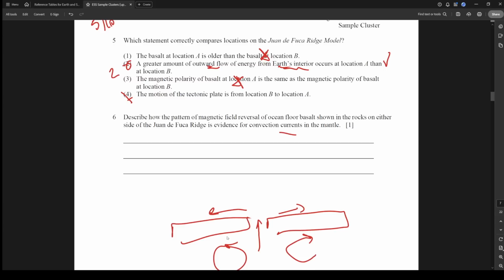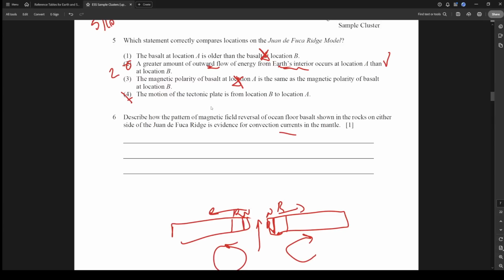So if the convection loop's going to the left on the left plate and the right on the right plate, the plates are going to separate, and then the magnetic polarity is going to be mirrored like normal, normal, reverse, reverse on both sides. So since there's a mirror image happening and the plates are moving in opposite directions, we can conclude that the convection currents are moving underneath it in that way.